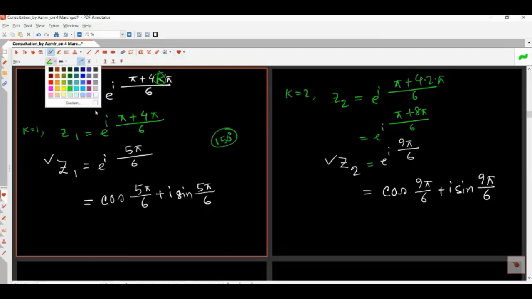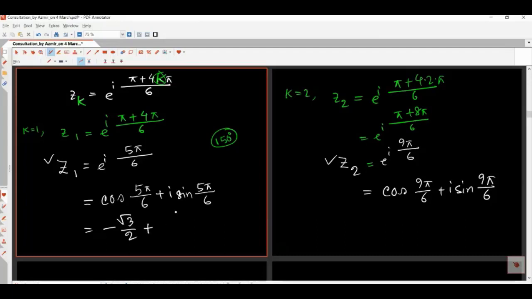That means cosine 5 pi over 6, that is cosine 150 degrees, is equal to negative root 3 by 2, plus sine 150 degrees, which is 1 by 2, with i. So this is z1. Here 9 pi over 6 is equal to 270 degrees.